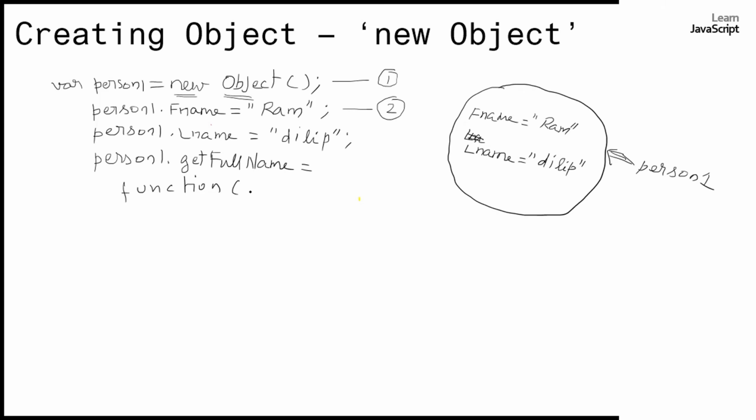If you need a parameter, you can pass those parameters. For simplicity, I'm just keeping it as a simple function. Then you can define your function statements here. Now our object has one more member, but this time it's a function member.